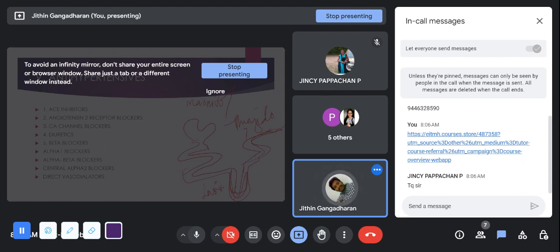Kindly note this point. And the thiazide diuretics as well as the loop diuretics cause hyperglycemia in diabetic patients.